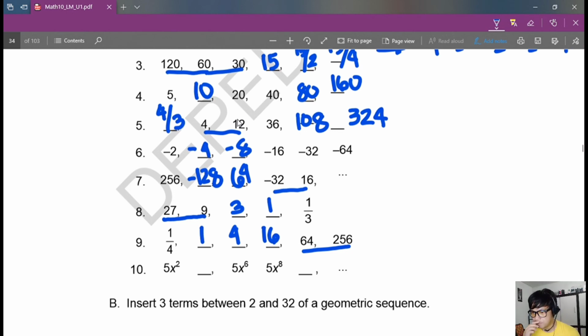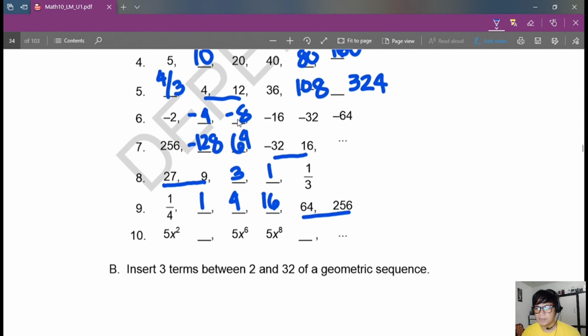And the last number is ito. What is the common ratio here? The common ratio here is x squared. Kasi ganito yan, 5x to the 8th power over 5x to the 6th power.